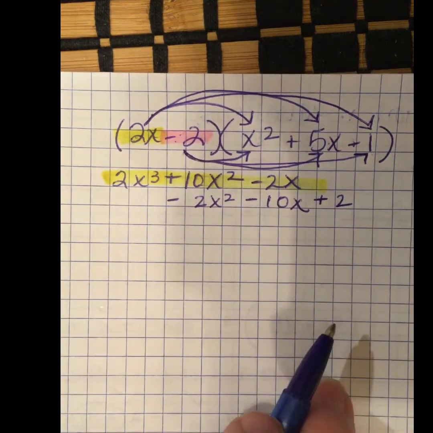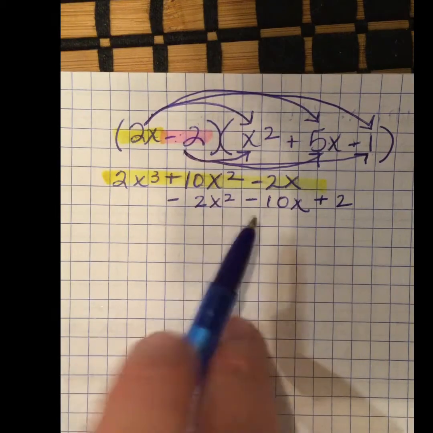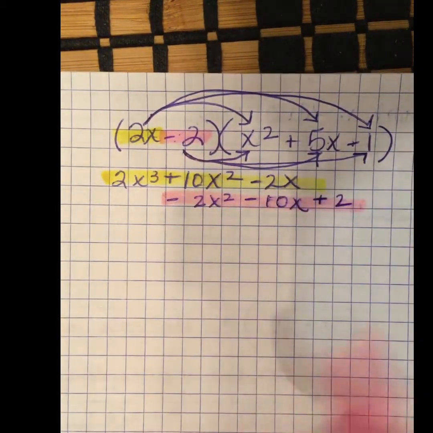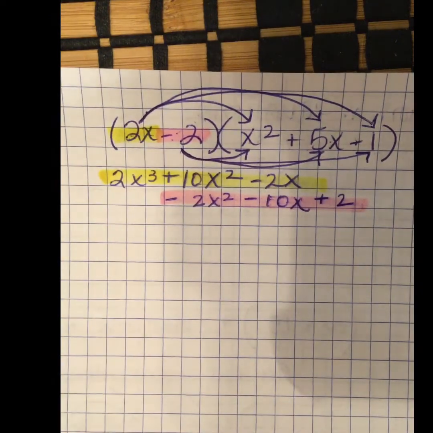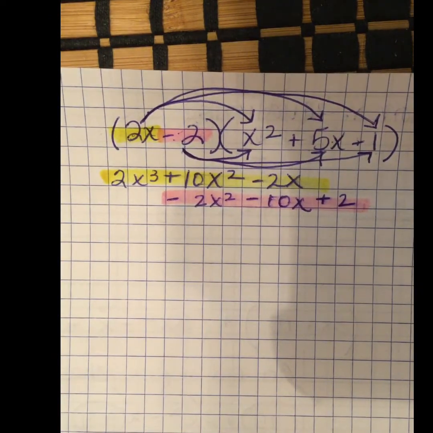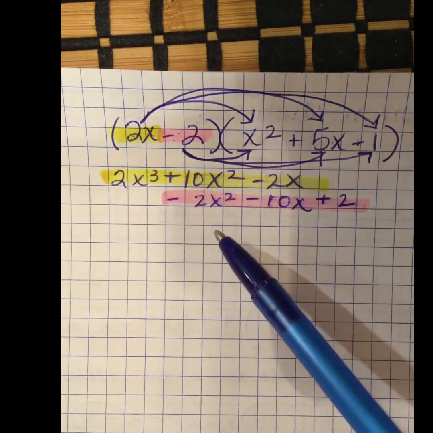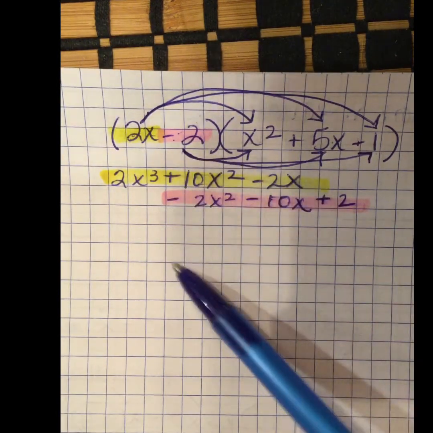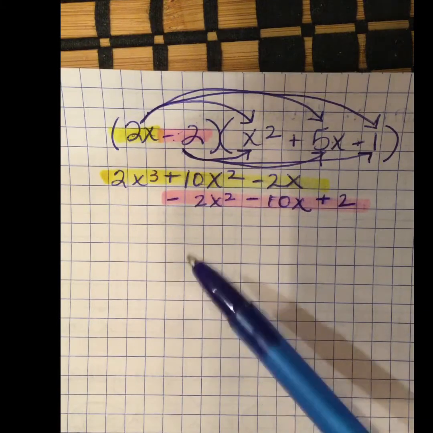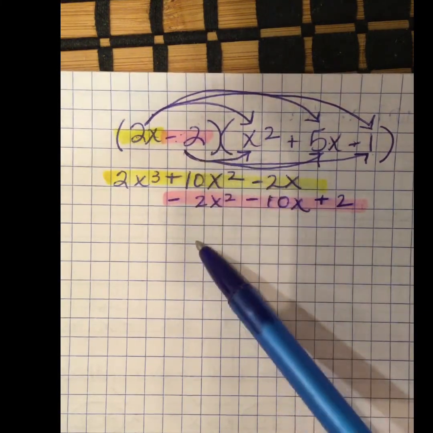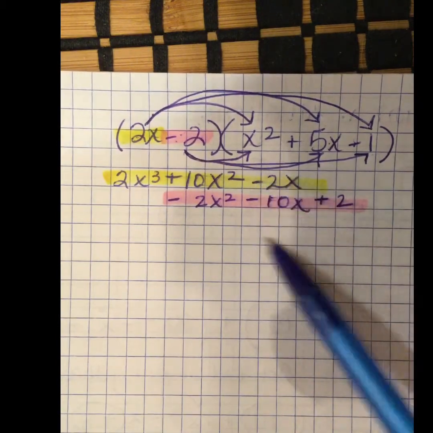All right, so this second line is all from my pink. And if we were in class, I would ask you, does anyone know why I offset my 2 lines? And I'm hoping that some of you would say, oh, it's because you have the like terms already lined up.